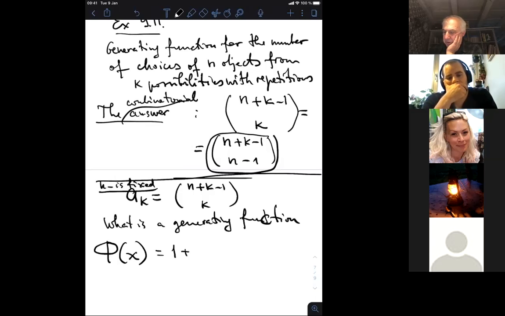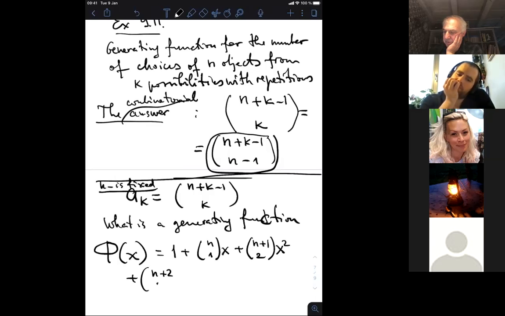Now we get n choose 1 times x plus n plus 1 choose 2 x squared plus n plus 2 choose 3 x cubed, and so on.